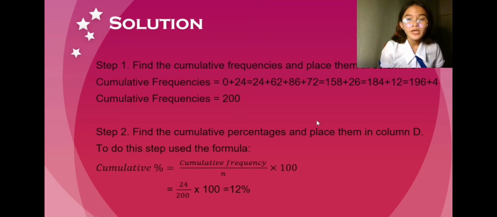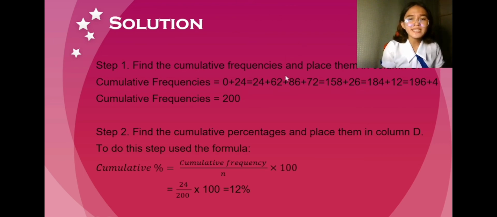100. So supposing our cumulative frequency is 24 and overall is 200, substitute 24 over 200 and multiply it by 100. Sorry class. And it will come up to 12%.